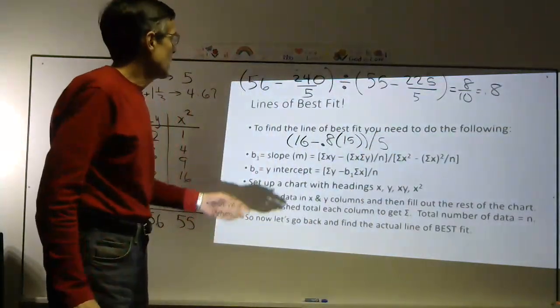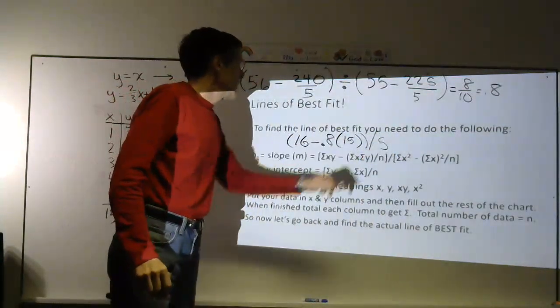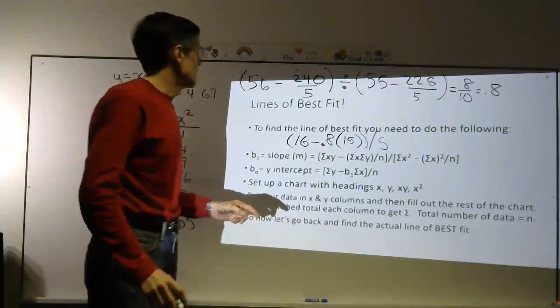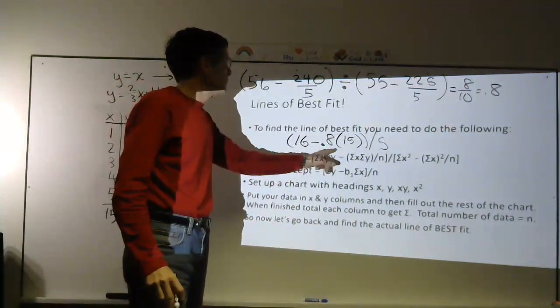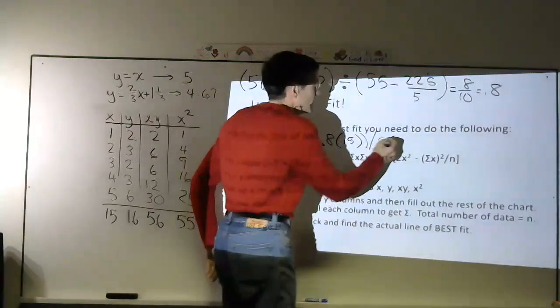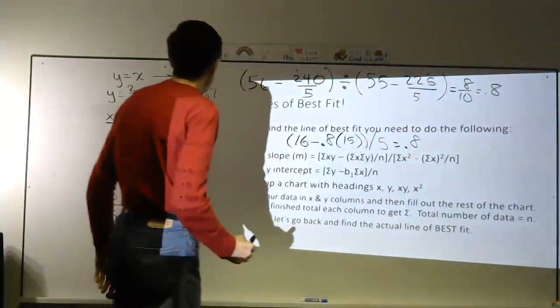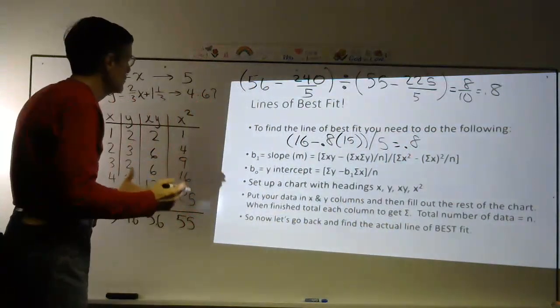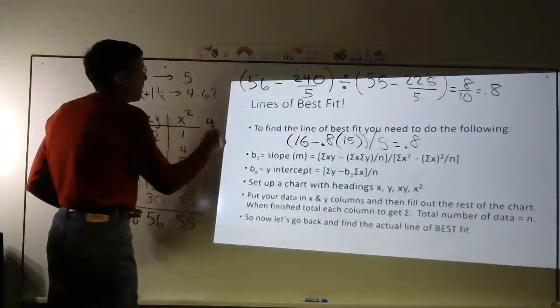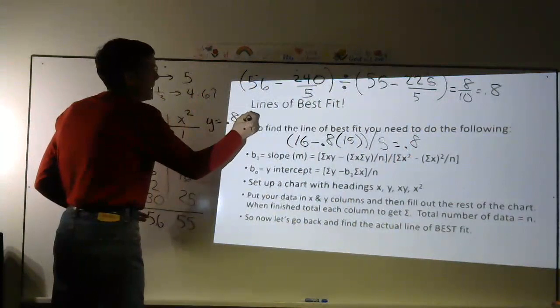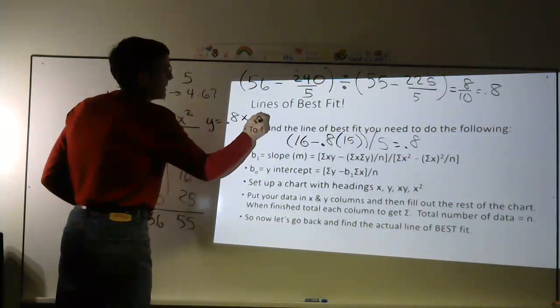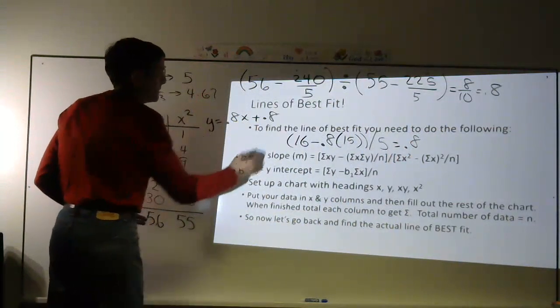So I have 0.8 times 15, which is 12. 16 minus 12 is 4. 4 divided by 5, that's odd, is 0.8 again. So the line of absolute best fit is y equals 0.8x plus 0.8.